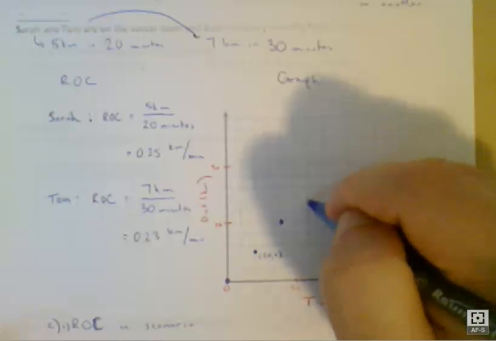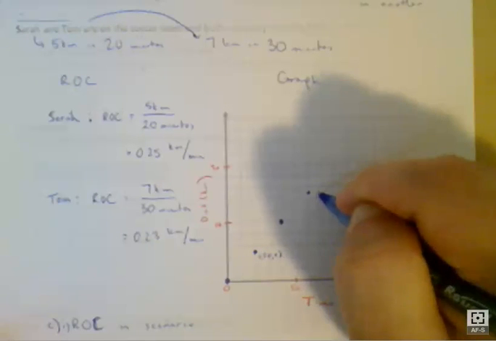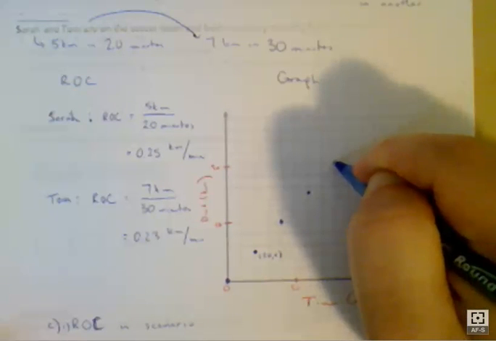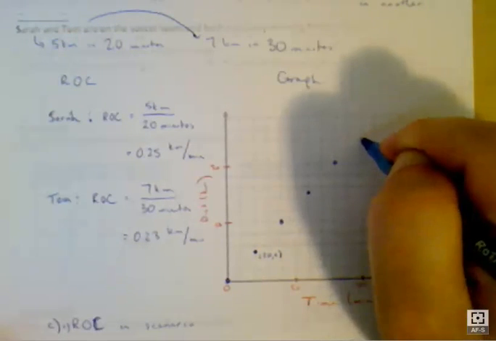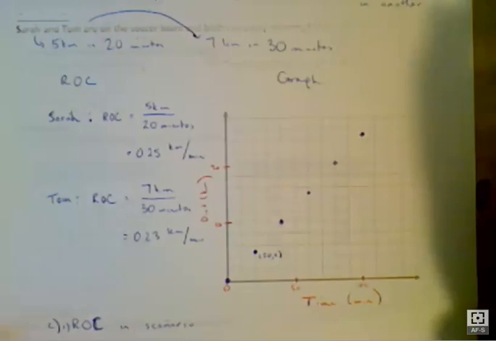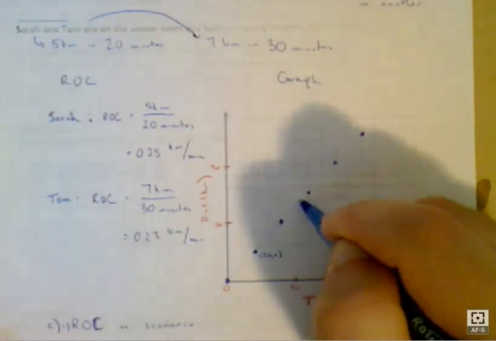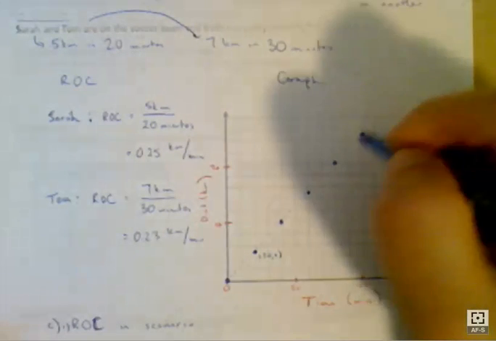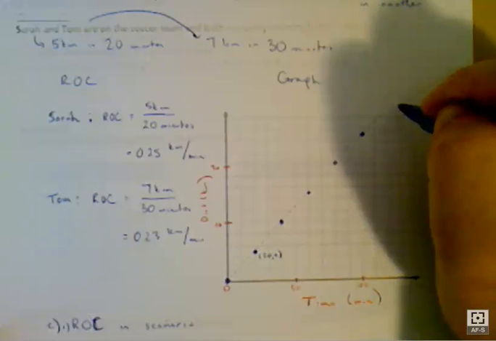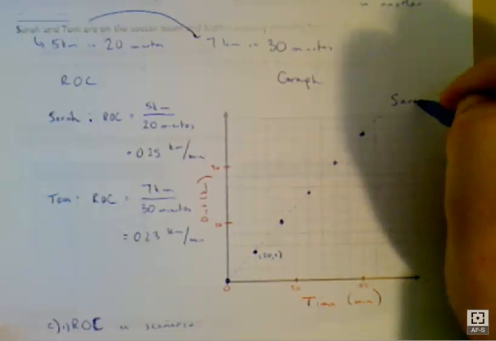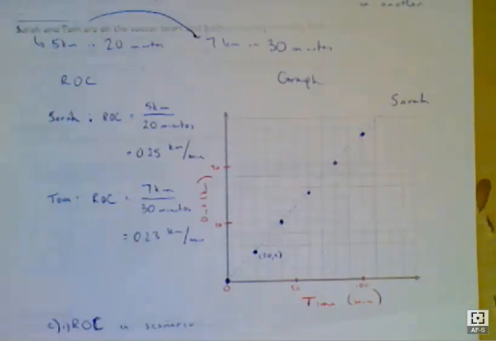In another 20, another 5, up to 15. And I'm just going to go as far as I can on my graph here, which is right about there. And there we've kind of graphed Sarah's progress over time.